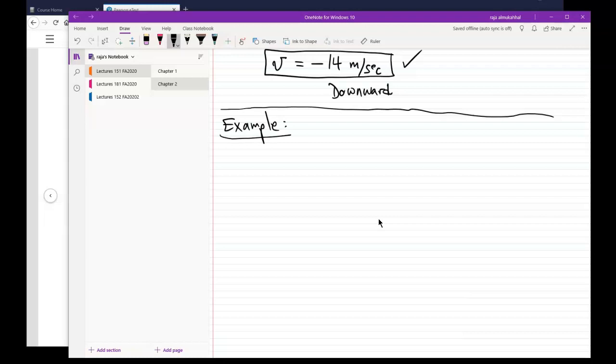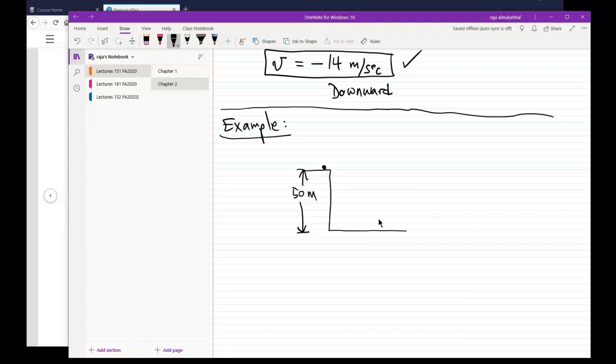Imagine I am on top of, say, a building or some height. And this height is 50 meters. And I throw an object straight up like this. Here is the object.